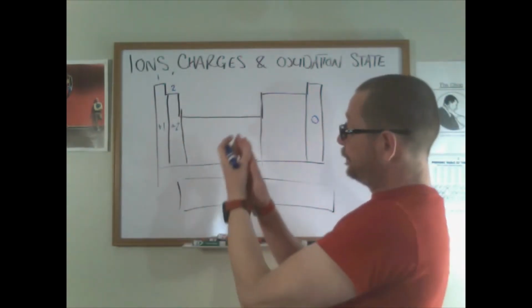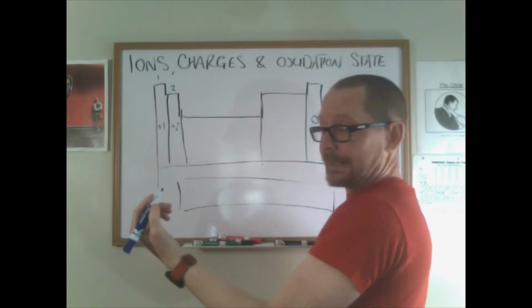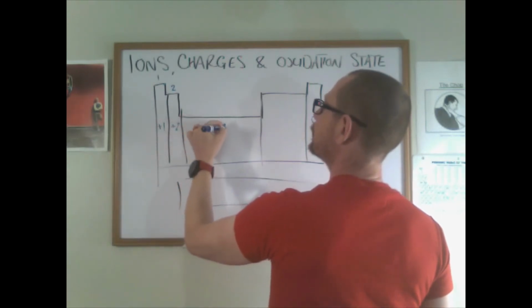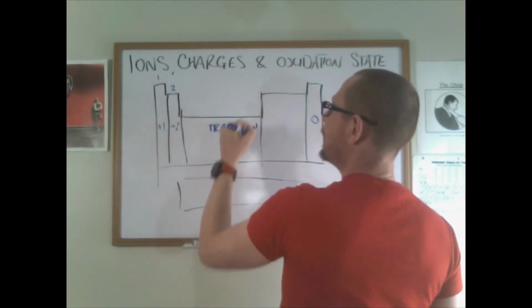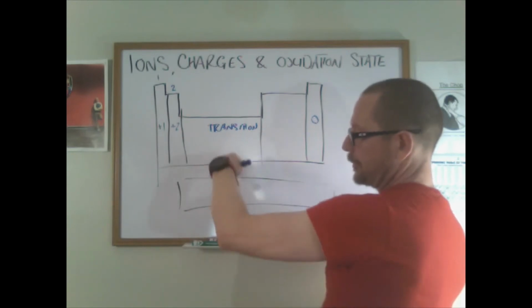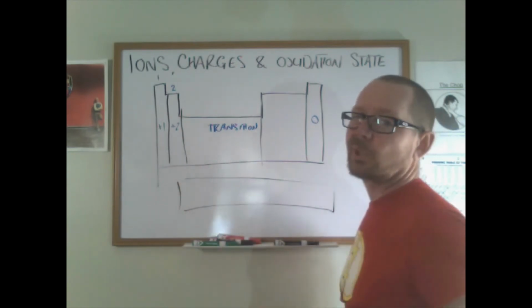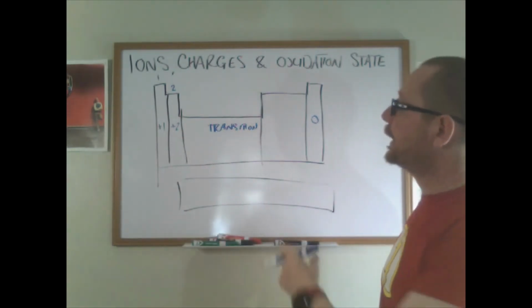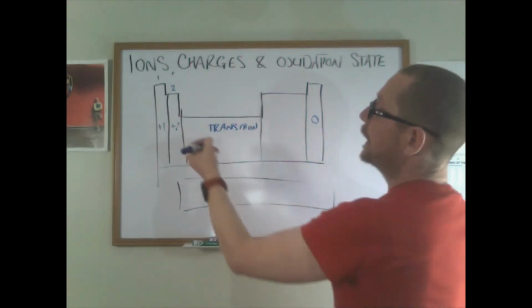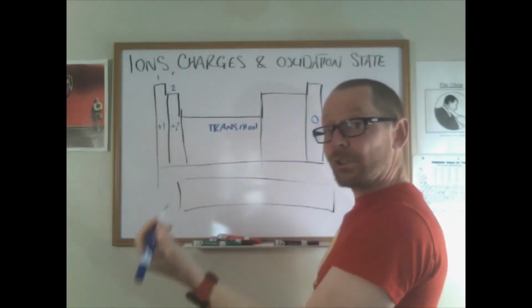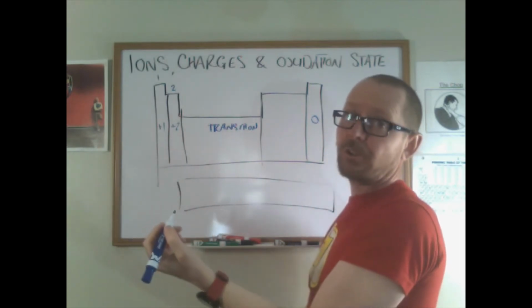The bit in between are the transition metals, which, by the way, the bit underneath the periodic table, called the F block in chemistry, is actually a part of. The transition metals take variable oxidation states.